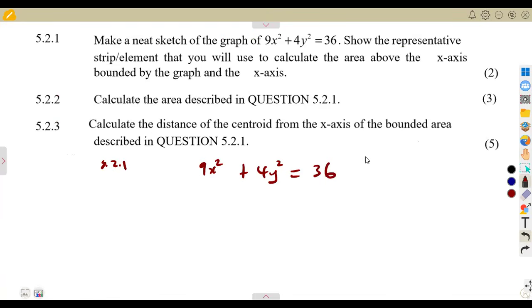Then show the representative strip or element that you will use to calculate the area above the x-axis, bounded by the graph and the x-axis. Bounded by the graph and what? And bounded by the graph and the x-axis.